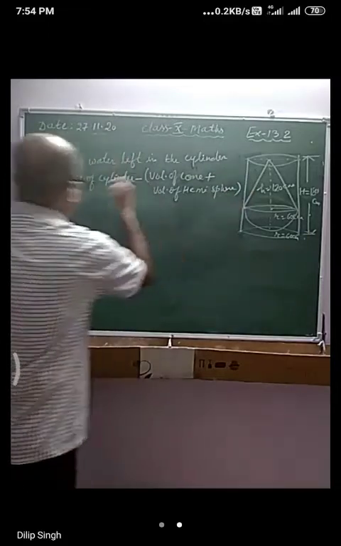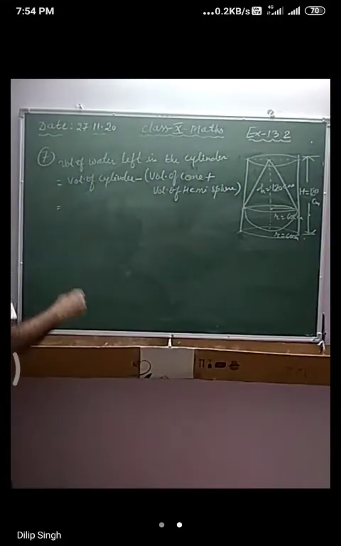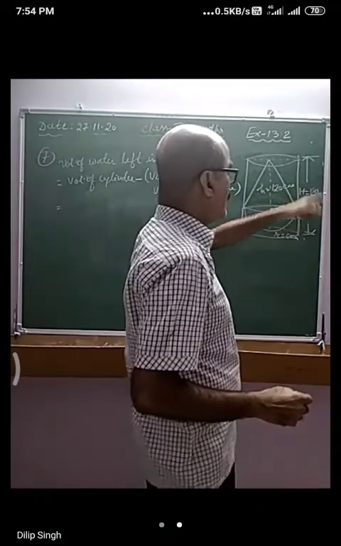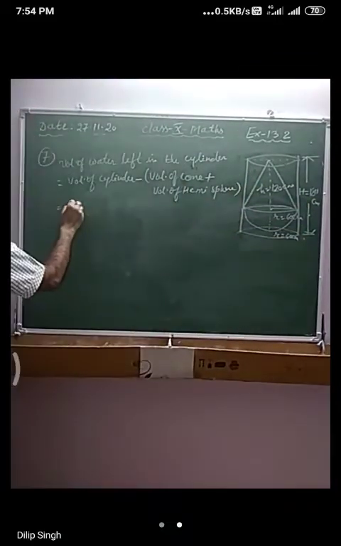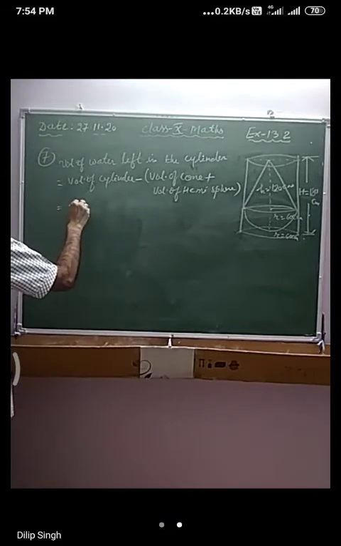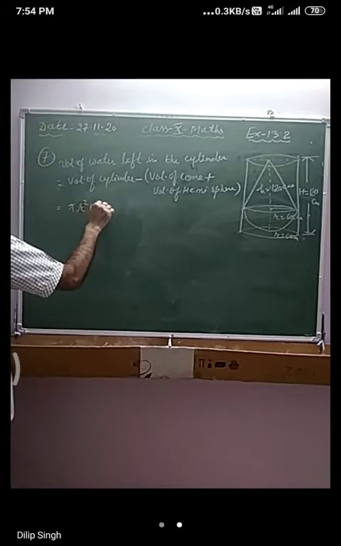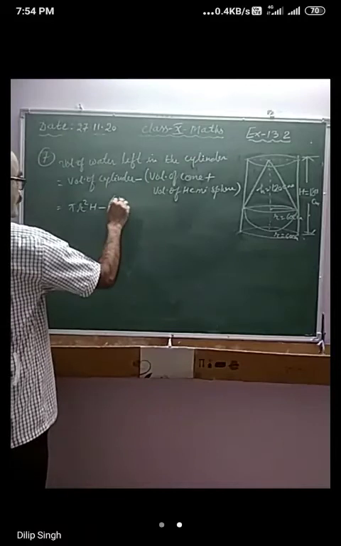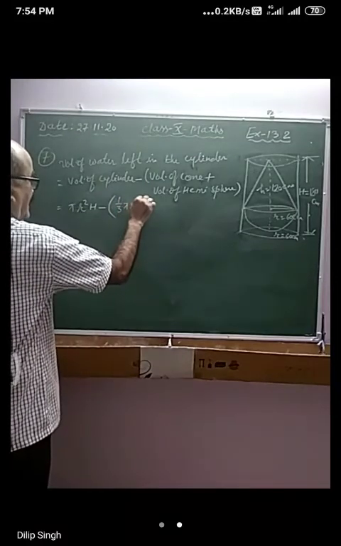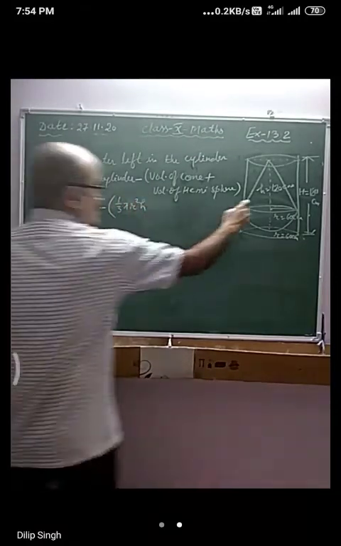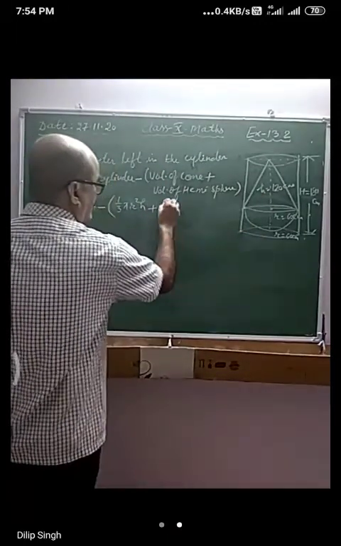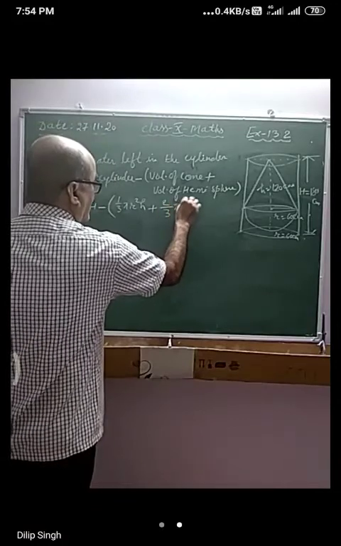Right? Now solve this. Volume of cylinder is pi r square H, with radius 60 and H capital. Minus the volume of cone, which is 1 by 3 pi r square h, because its height is h, and the volume of hemisphere is 2 by 3 pi r cube.